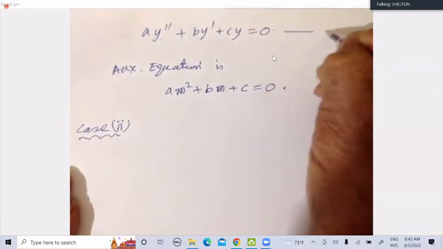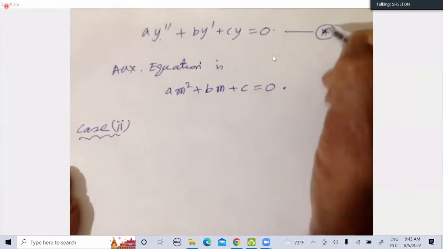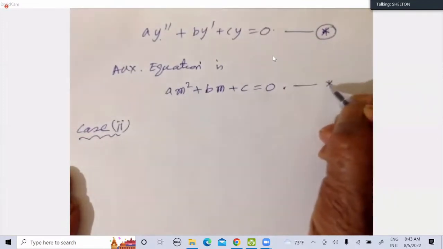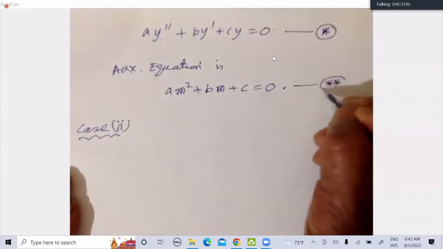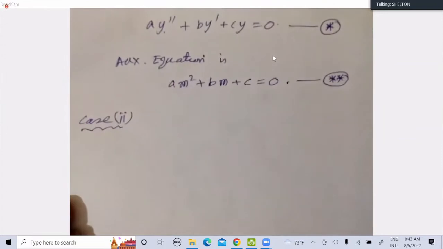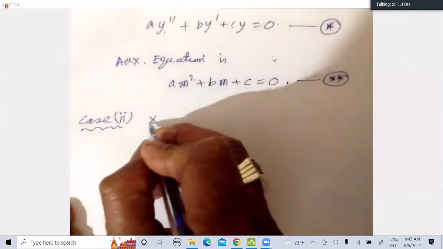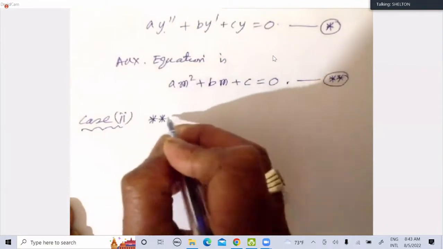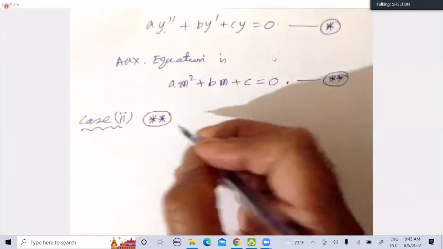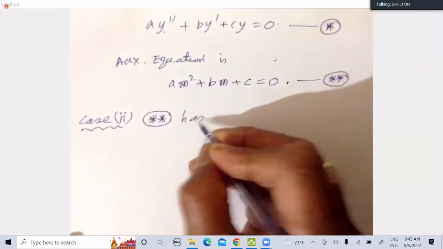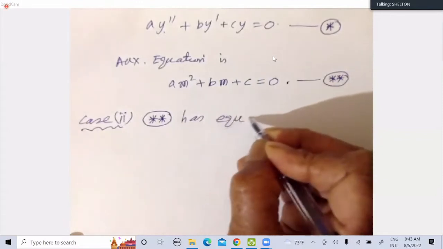Let us call, as in case 1, this equation star and this one double star. One and 2 is also okay. Case 1 was that double star has two distinct real roots. Case 2 is that double star has equal roots.